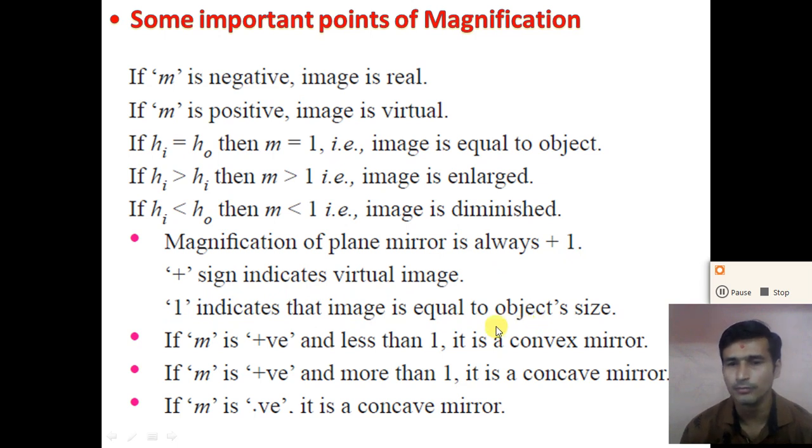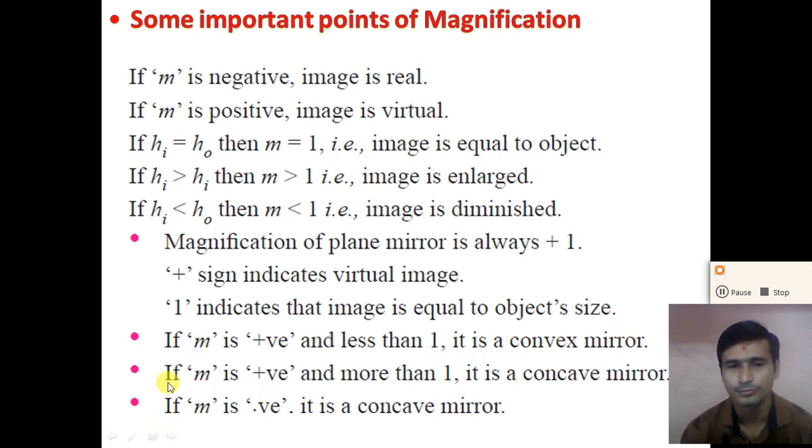Now, the important point is that if the magnification is positive and its value is less than 1, the image is smaller than the object, right? The mirror is a convex mirror. So for a convex mirror, the value of magnification is positive and the image is smaller than the object.